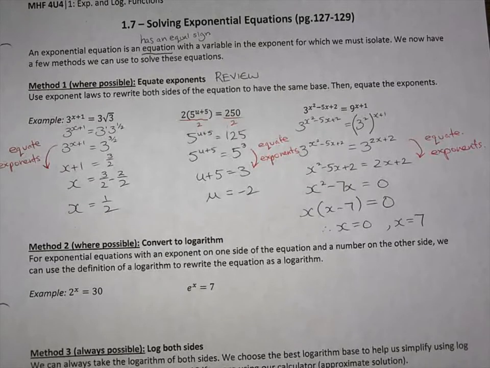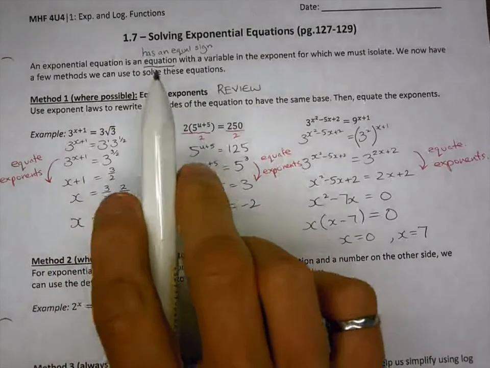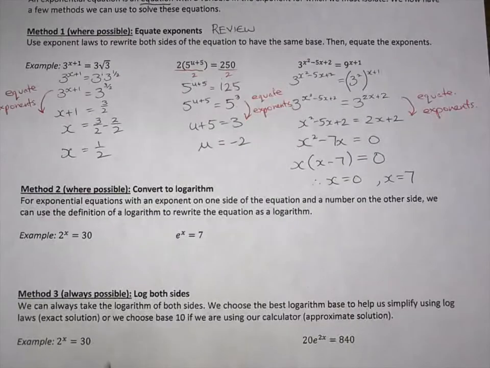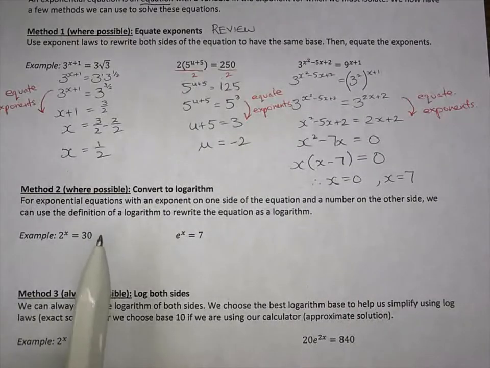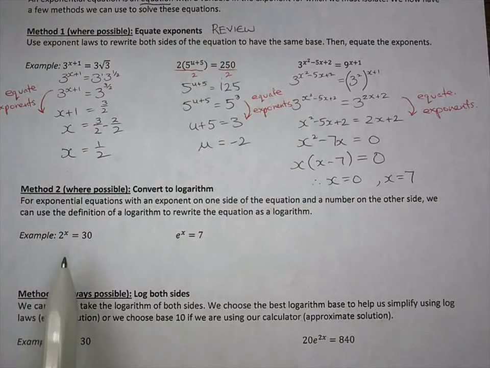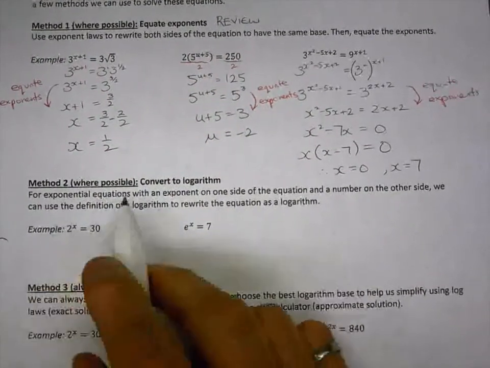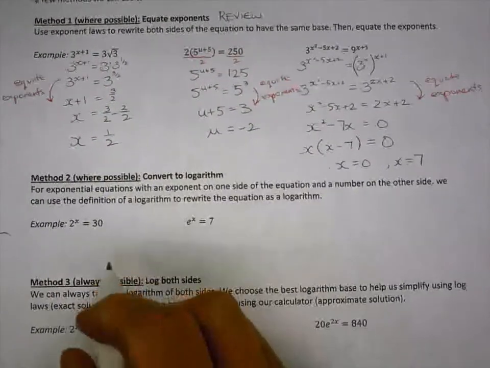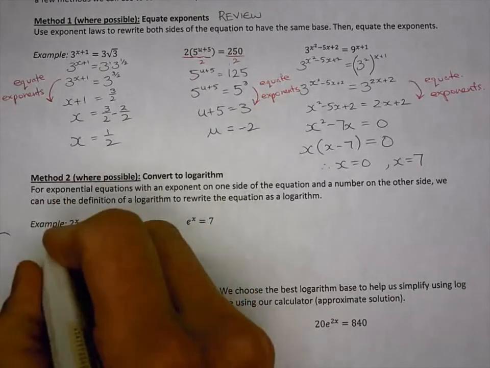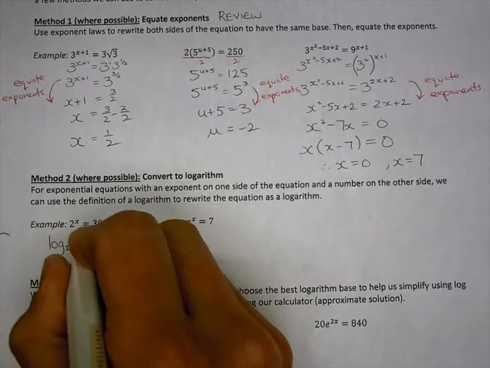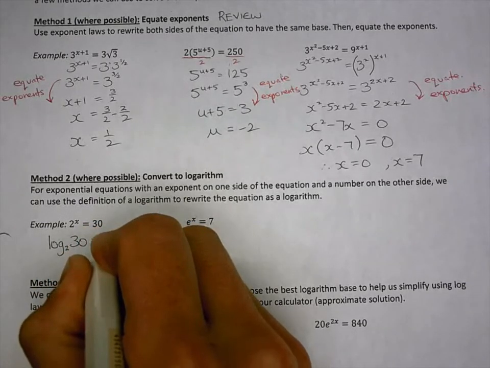The second method, and you can't do this all the time because there are cases where you can't make the bases the same, so you're stuck. The second method is to convert the exponential equation to a logarithm using the definition of a logarithm. If you remember, the logarithm and exponential functions are both related. They're inverses of each other. And I know that I can write this as log base 2, the argument is 30, is equal to x.